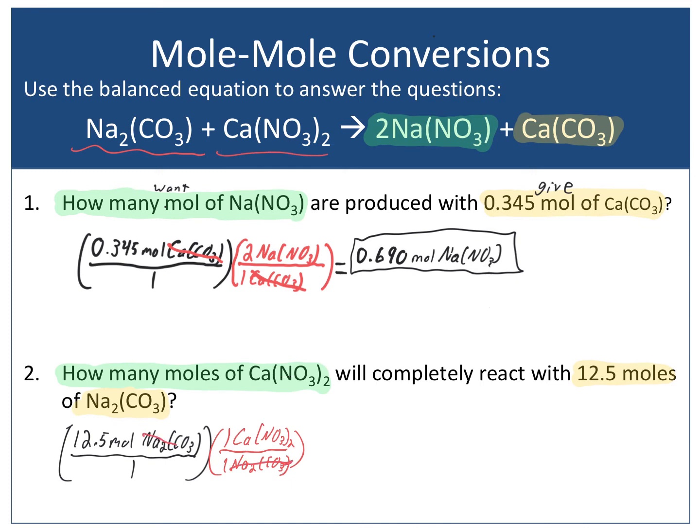My sodium carbonates cancel. 12.5 times 1 divided by 1 gives me 12.5 moles of calcium nitrate. And there's my answer. Yes, the number is the same, which shouldn't be surprising if you see that the mole ratio is 1 to 1.